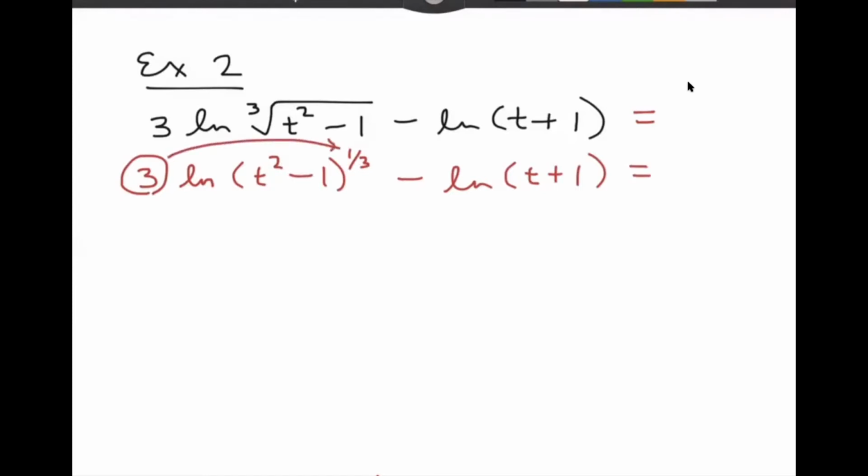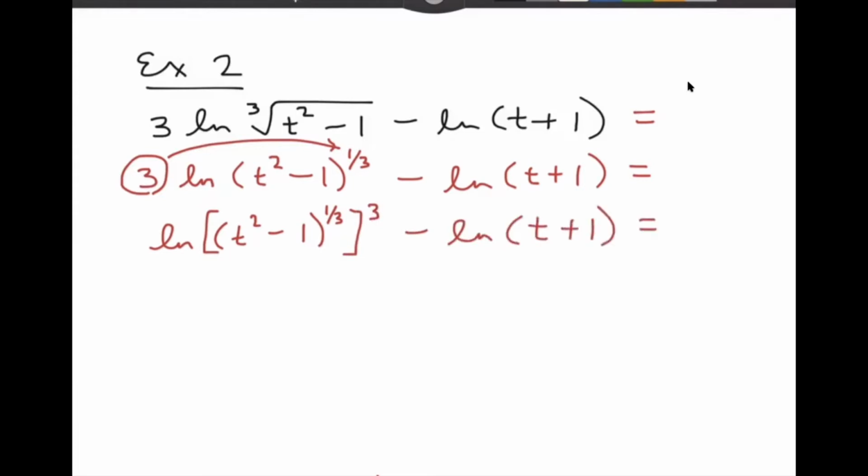That is the same thing as natural log t squared minus 1 to the 1/3, and now that whole thing is cubed, and I think you can see where that's going. Right, because when you do a 1/3 power to a 1/3 power, those exponents just cancel each other out. So now we have natural log t squared minus 1 minus natural log t plus 1.